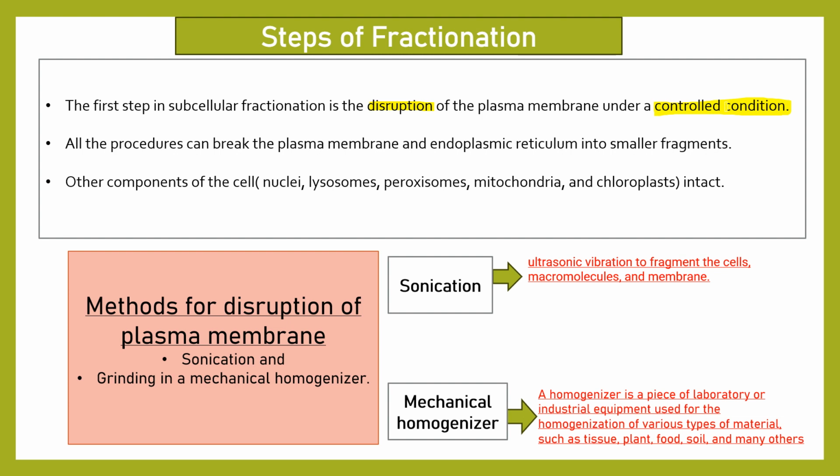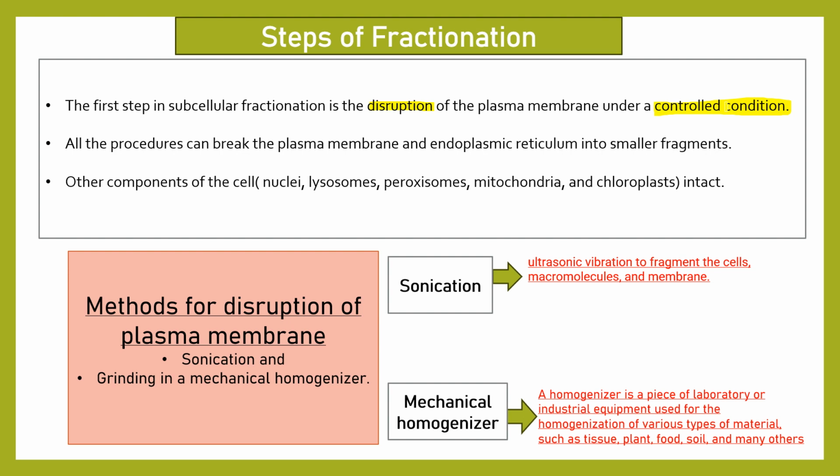If the chemical or method disrupts the organelles, then how can we isolate them and study their function, right? So that is the controlled condition: only the disruption of the plasma membrane, not the disruption of organelles, that is the endoplasmic reticulum, peroxisome, lysosome, mitochondria, chloroplast.